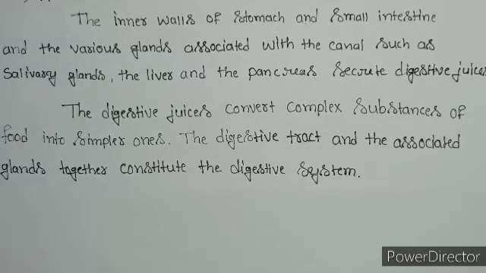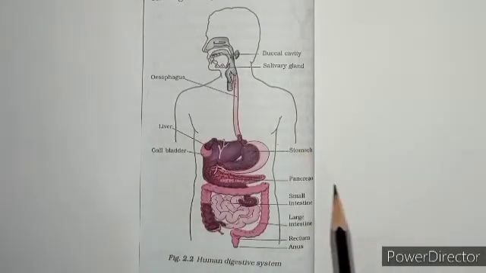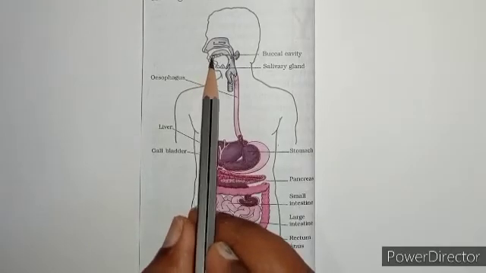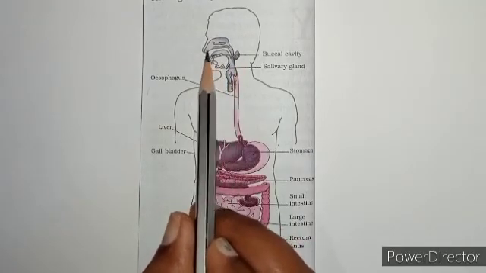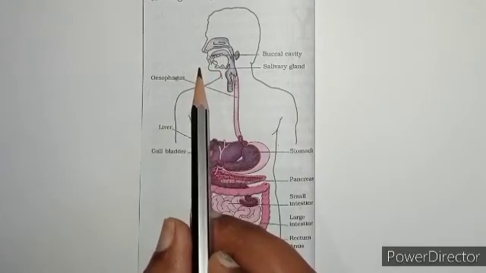Now let us know what happens to the food in different parts of the digestive tract. Dear students, all of you see here, this is the human digestive system. This is the mouth part, also called the buccal cavity.